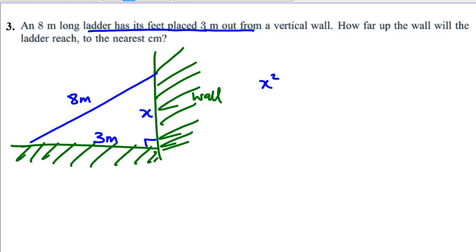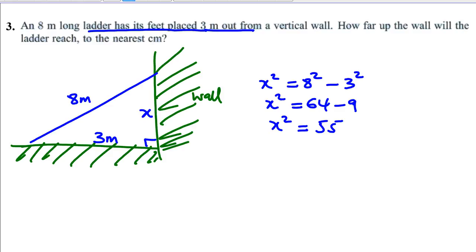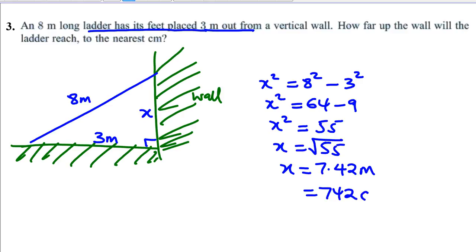So x squared will be 8 squared minus 3 squared. And x will be the square root of 55, which will be equal to 7.42 meters, which is 742 centimeters.